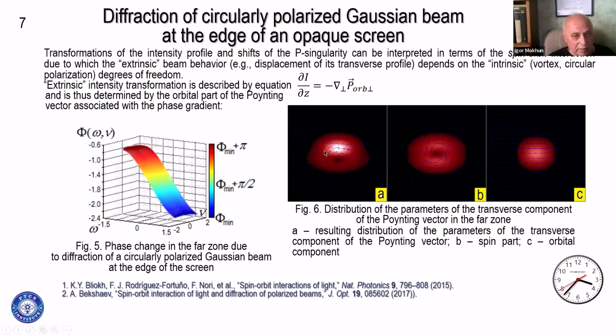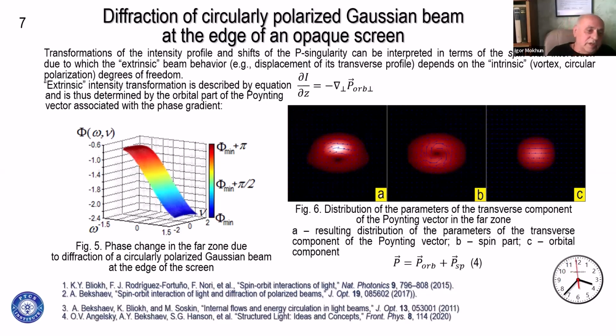Accordingly, in the upper part of the field, the spin and orbital components are in the same direction, and in the lower part they are oriented in opposite directions. Therefore the modulus of the total transverse Poynting vector in the upper part is obviously greater than in the lower part, which leads to a shift of the zero point of the transverse Poynting component.